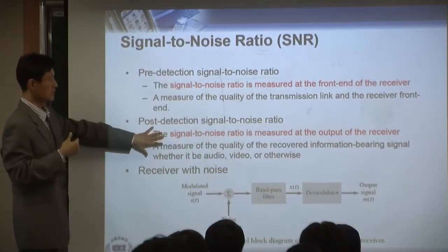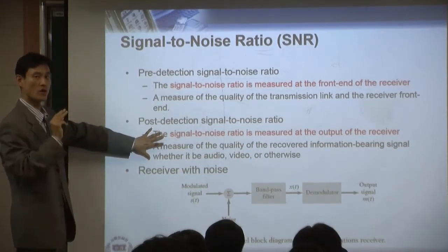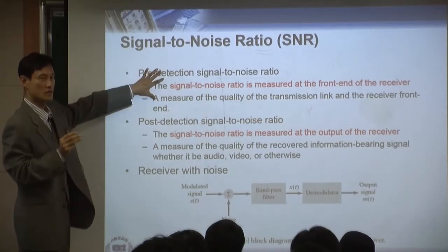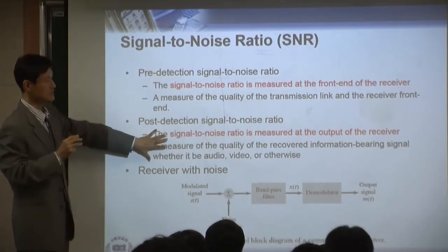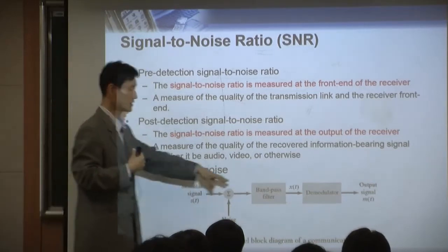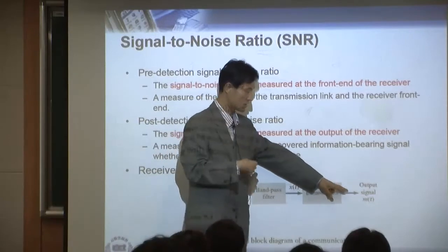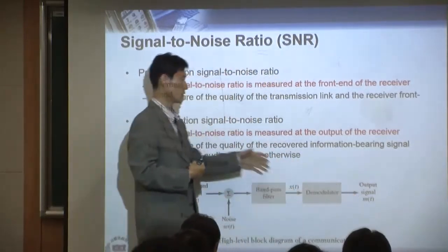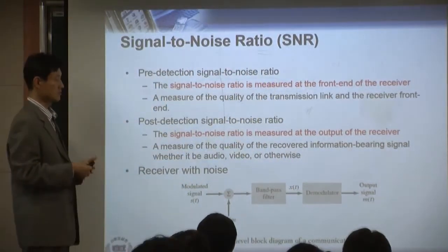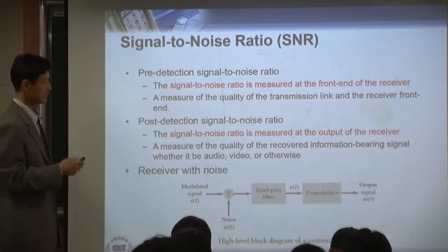Therefore, this post-detection SNR is measured at the baseband. There's no carrier, no fc, because we already demodulated. Our original message we recovered already, so the SNR is measured after the demodulation. Therefore, it is baseband.